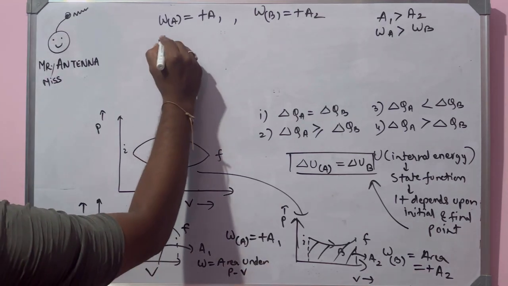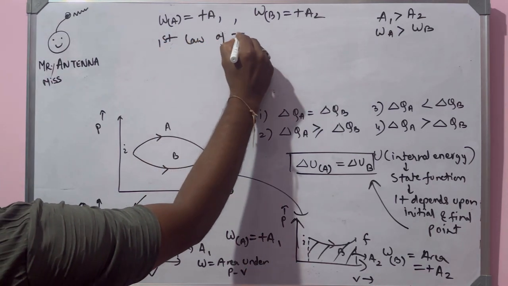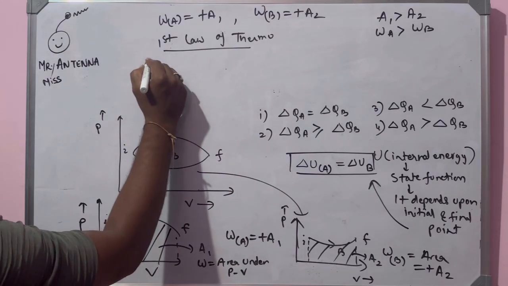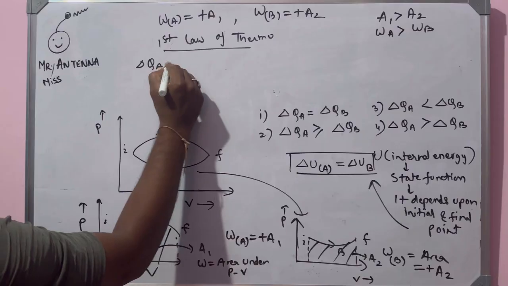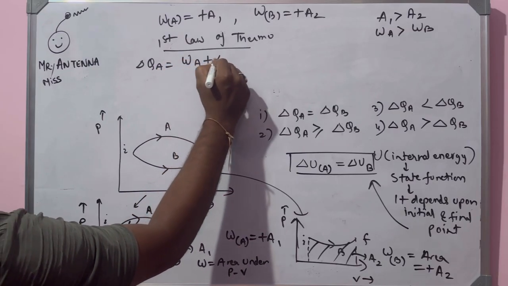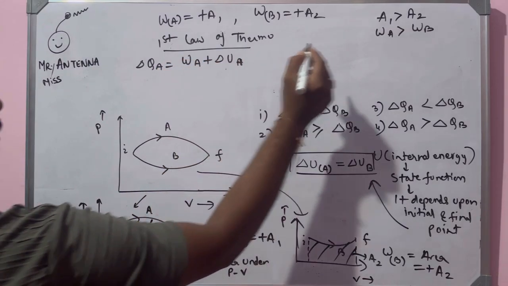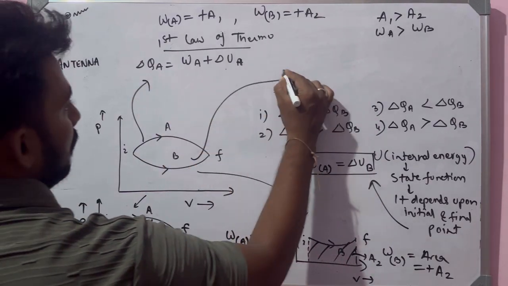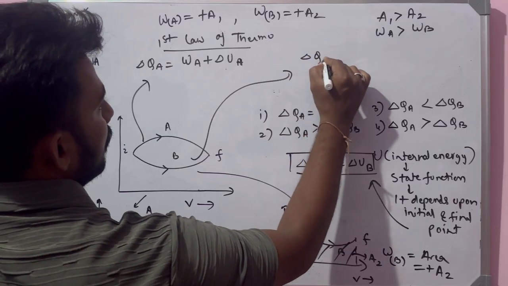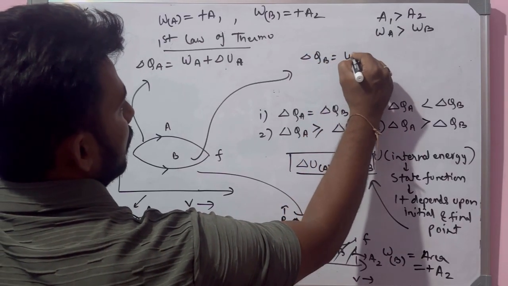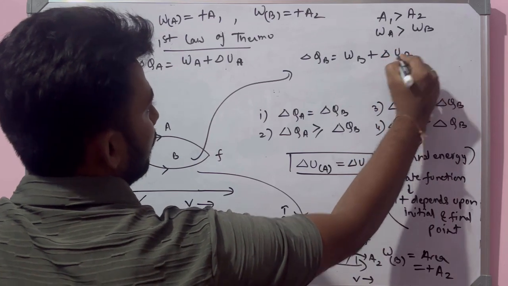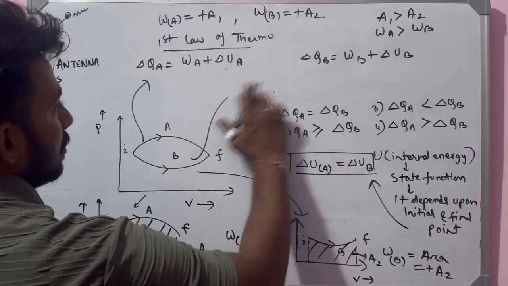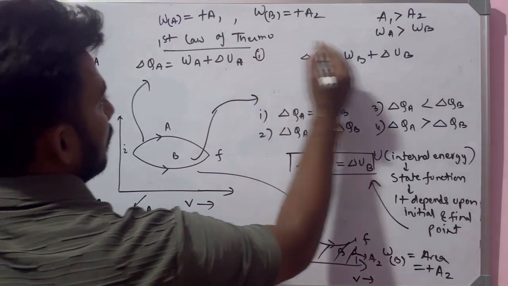Now if I apply the first law of thermo, along A I can write heat along A will be equal to work done along A plus change in internal energy along A. Similarly, for the B part, I can write delta Q along B equals work done along B plus change in internal energy along B. Now subtract these two equations, equation 1 and equation 2.